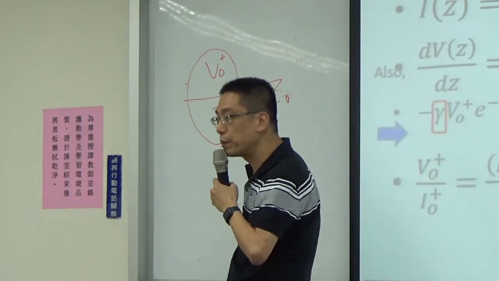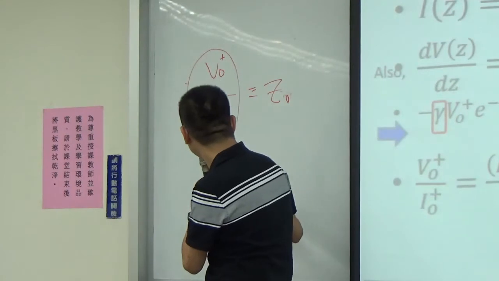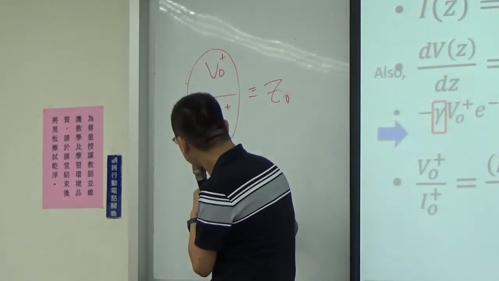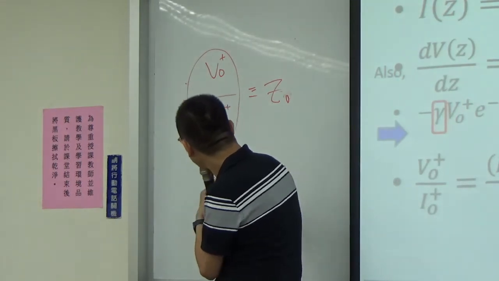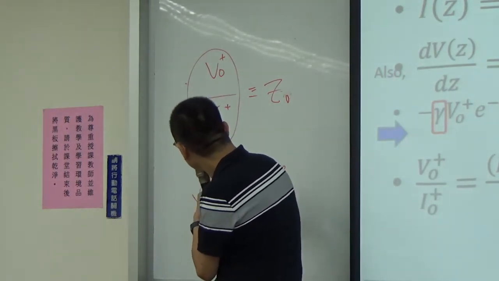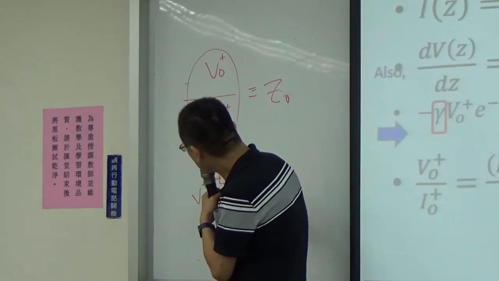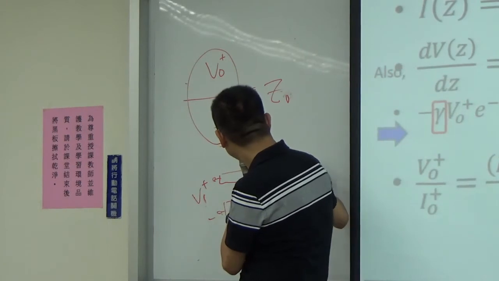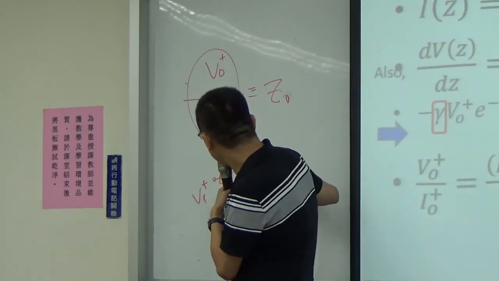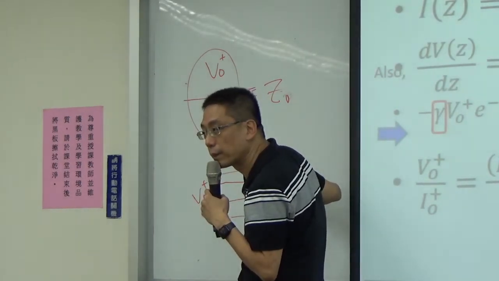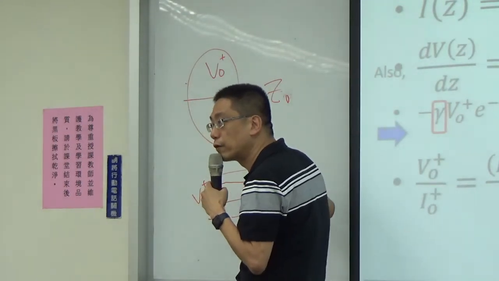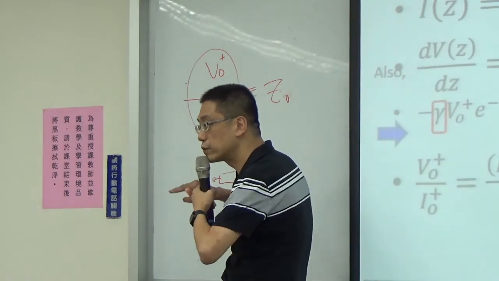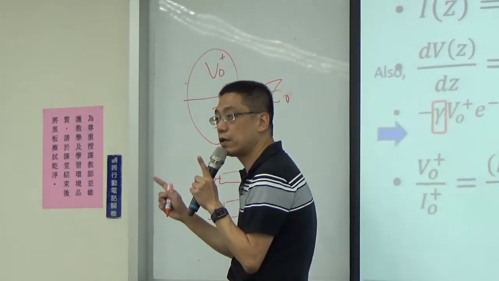Because for a transmission line, the forward voltage and the reverse voltage look the same, so you don't see the negative side.